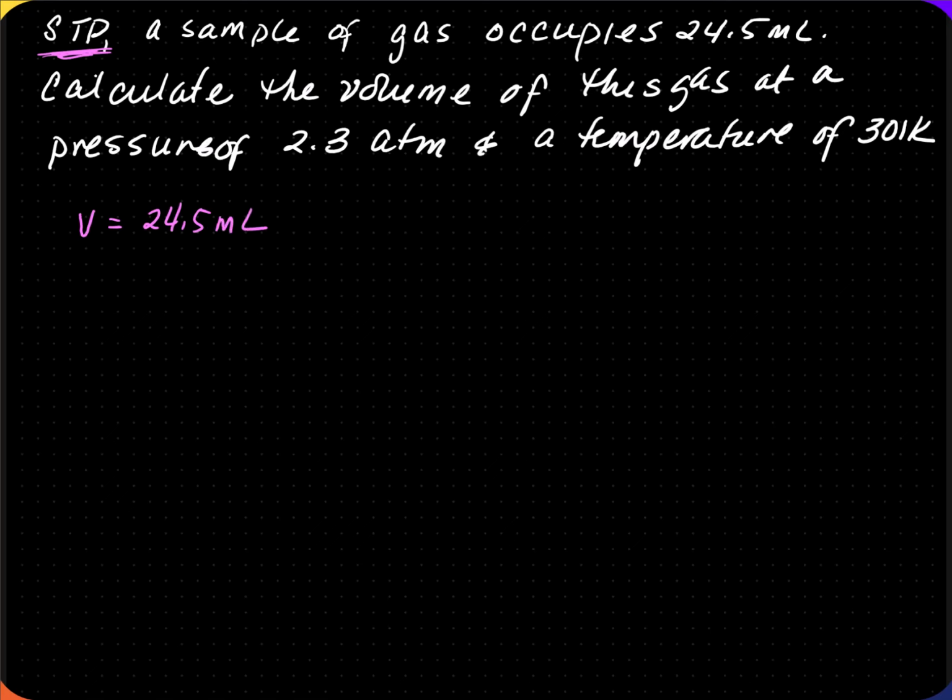We know this is volume because it's in milliliters. It wants you to calculate this gas at the pressure, so we're calculating a second volume. So that means 24.5 milliliters is volume 1. The pressure for the second volume is 2.3 atm. And the temperature for the second volume is 301 kelvins.